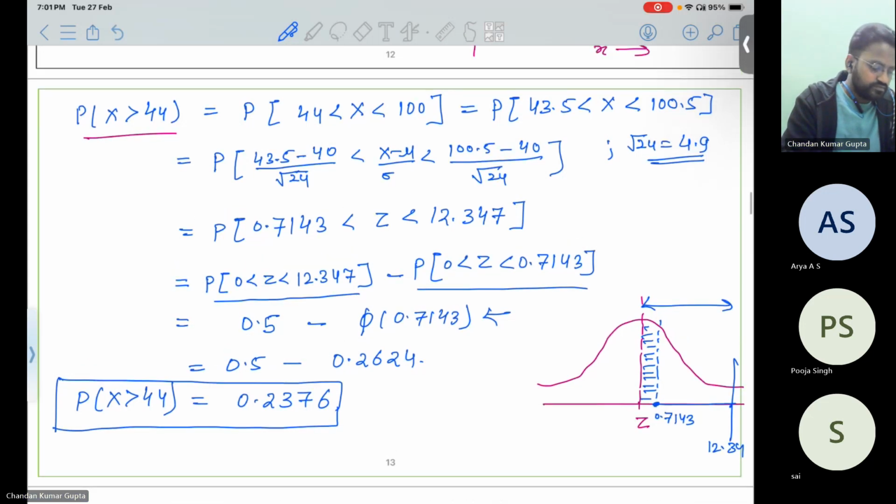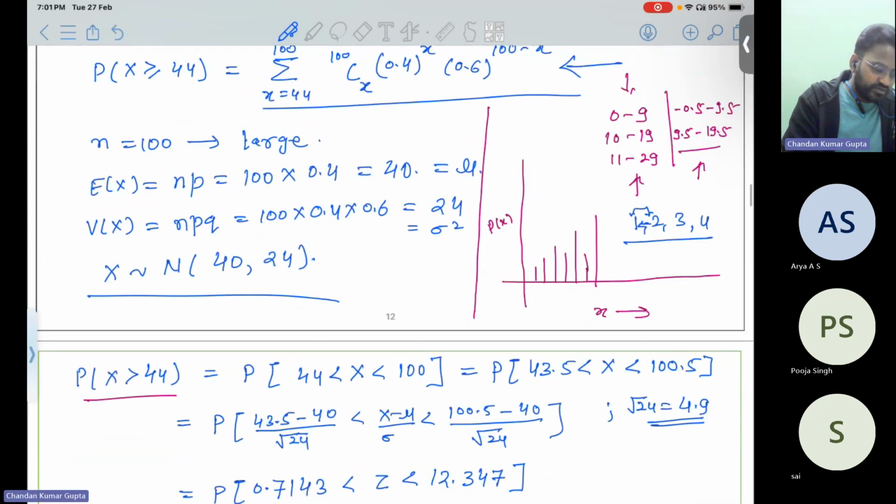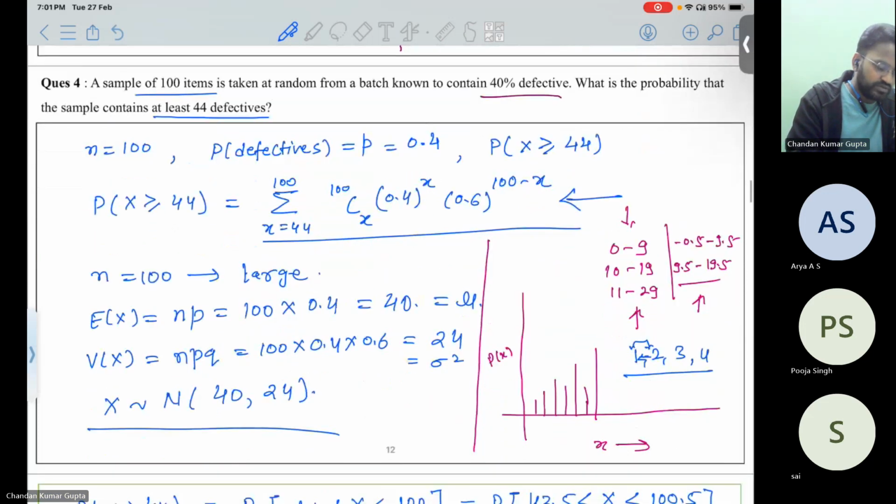Can you get it or not? The question is: a sample of 100 items is taken at random from a batch containing 40% defective. What is the probability that a sample of 100 units contains at least 44 defective?